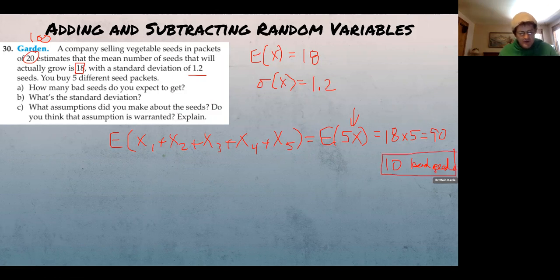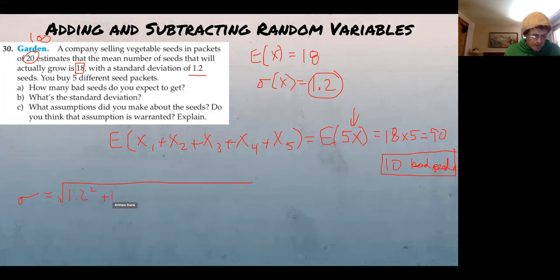Now that's not the hard part, because the next one is the standard deviation, which is going to be, like we saw before, the square root of the variance, all the variances added together. So it's going to be 1.2, the standard deviation, squared plus 1.2 squared plus 1.2 squared, and I'll write it out.